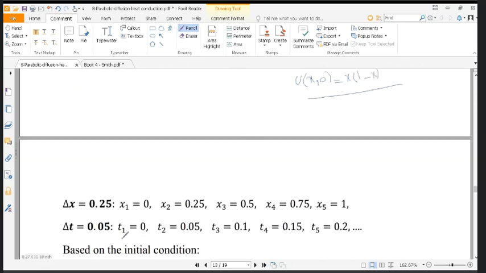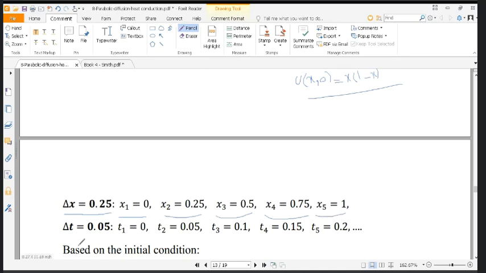The problem says to suppose delta x equal to 0.25. Then x1 is 0, x2 equals 0.25, x3 equals 0.5, x4 is 0.75, and x5 is the end of x and is 1.